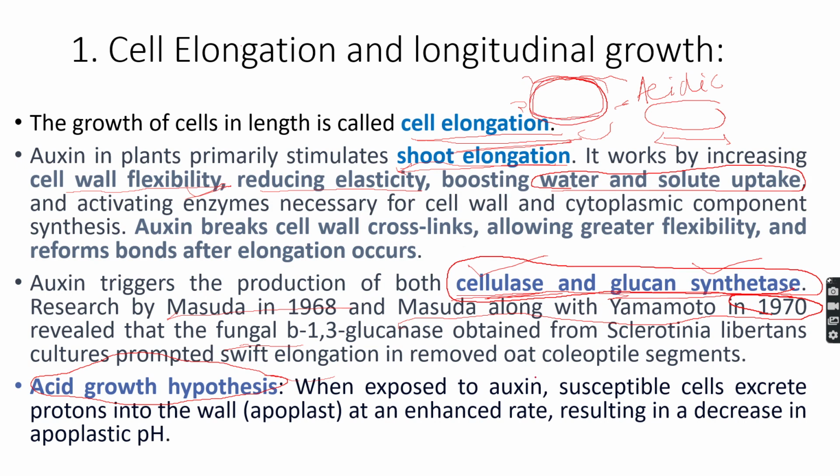So, what is happening? Auxin is creating such an acidic condition surrounding the cell wall. It is activating the protons, or excreting the protons into the wall through the ATPase enzyme, and because of this proton accumulation, the apoplastic region becomes acidic, or the pH of the apoplastic region is becoming acidic, and that is why the cell wall is being loosened.